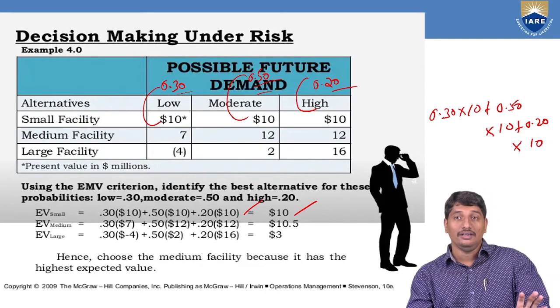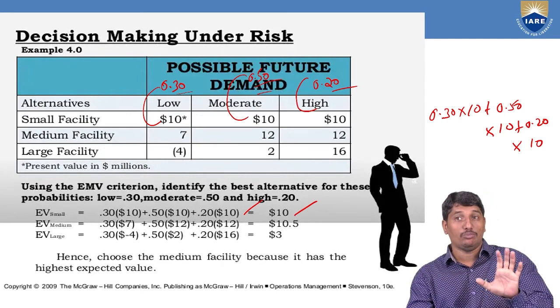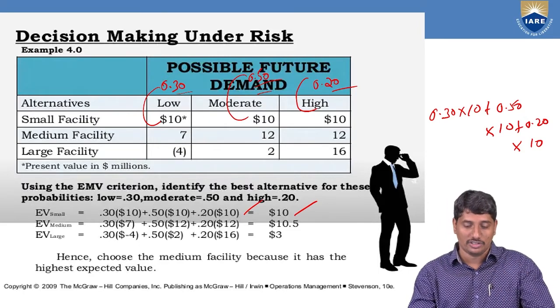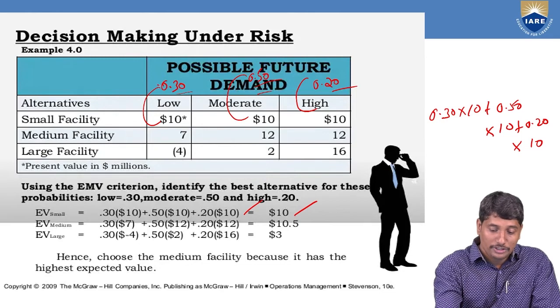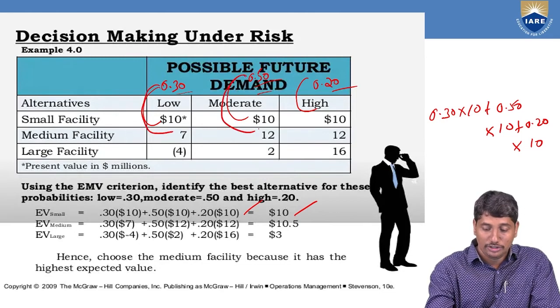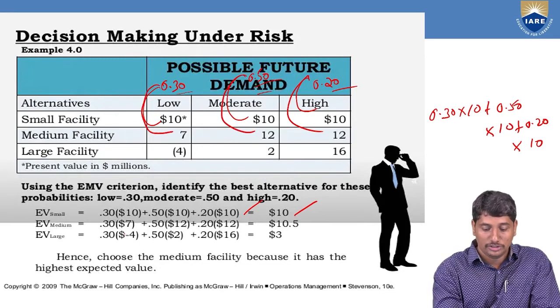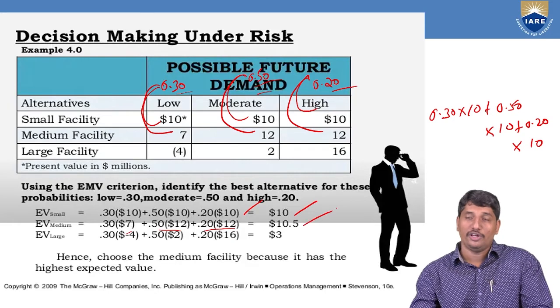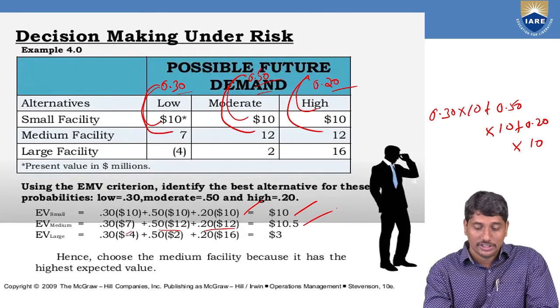The expected monetary value, or expected profit. And 0.30 into 7 plus 0.50 into 12 plus 0.20 into 12, that means $10.5 million profit on an average.